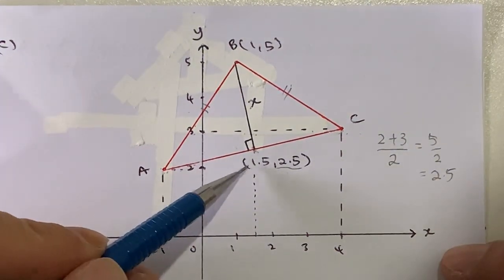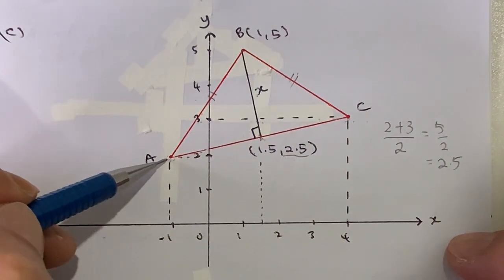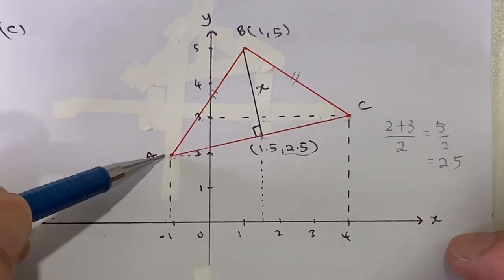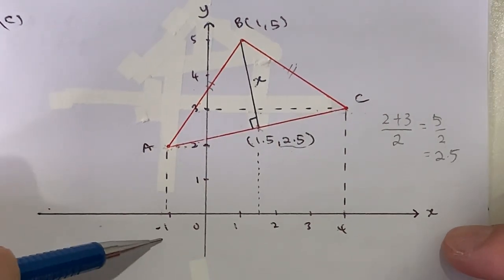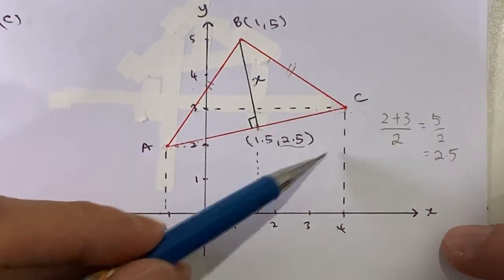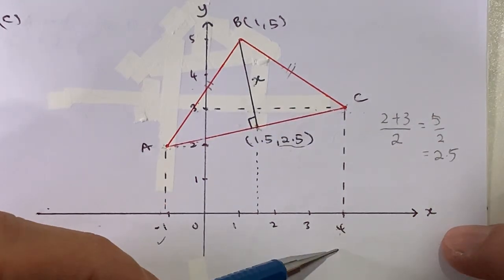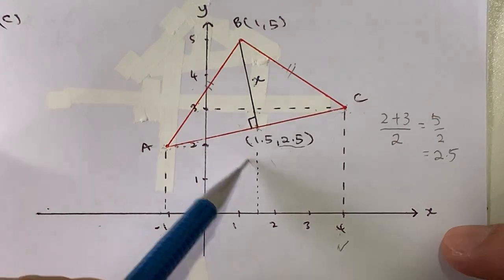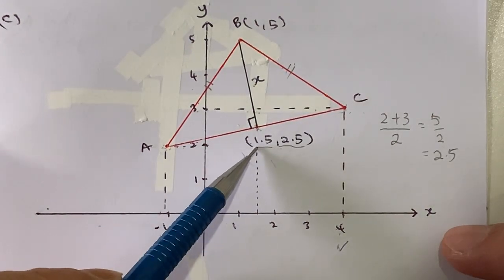Okay, for the x coordinate, we will look at the x coordinates of A and C and get the number in between. So for A, the number here is -1. C is 4. So in between negative 1 and 4, it is 1.5.